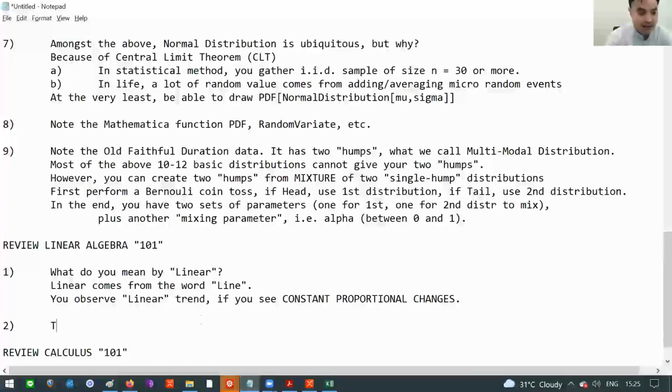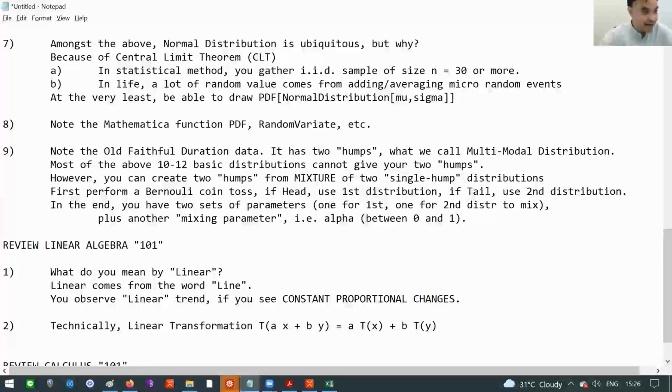But technically, linear transformation means that transformation T(aX + bY) is equal to aT(X) + bT(Y). Technically, okay?